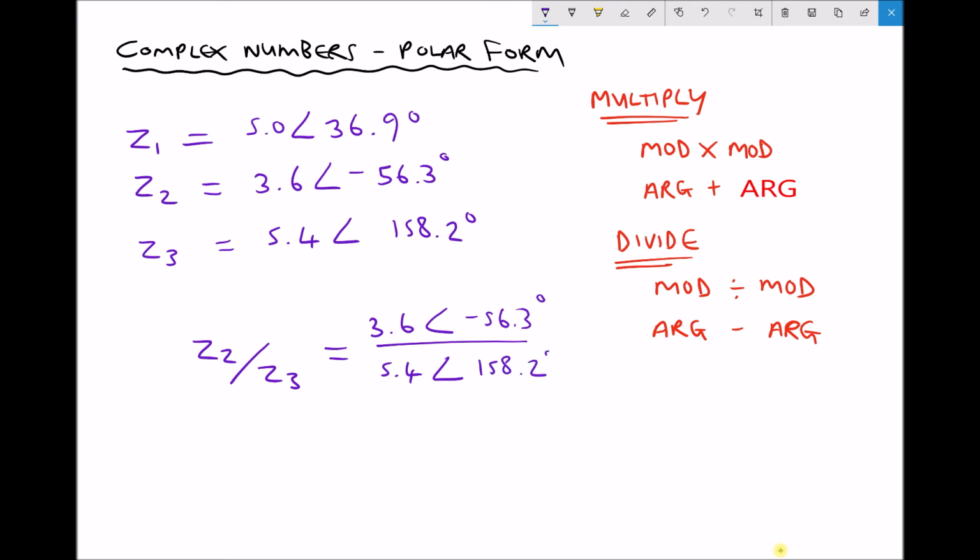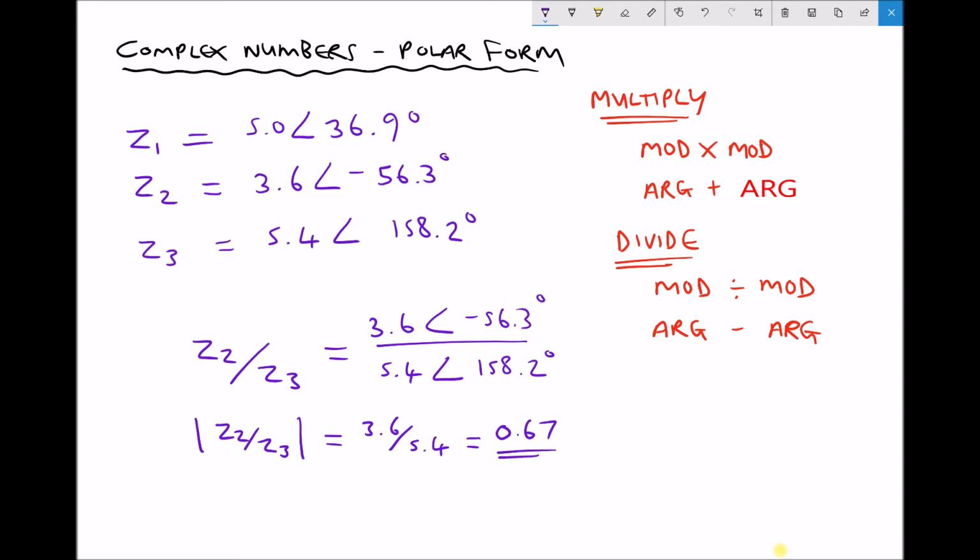Both of these angles are in degrees. This time we need to divide the modulus. So the modulus of Z2 over Z3 is 3.6 over 5.4, which equals 0.6 recurring, so we'll write 0.67.